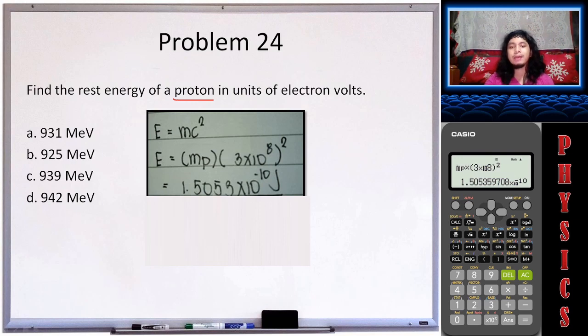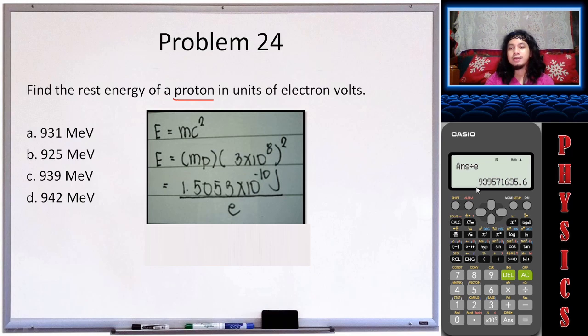Ano po bang meron kay electron volts? Paano magiging electron volt siya? I-divide mo lang ng e. Ano yung e, sir? Yun yung constant 23. Kasi po, ang conversion natin, 1 electron volt is equal to yung value ng constant 23, tapos ang unit is joule. So, divide lang natin yung sagot sa constant 23.